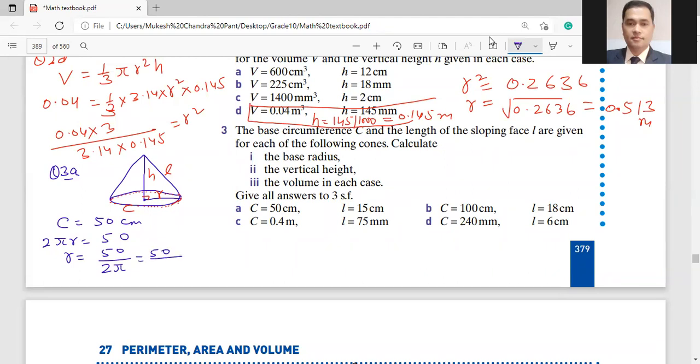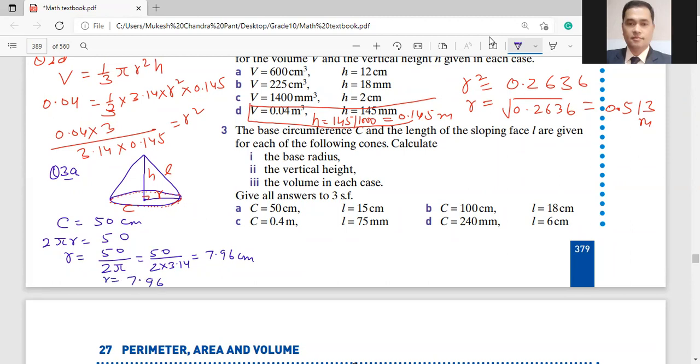You can write 50 over 2 times 3.14. No problem if you don't want to write 3.14, you can put 2 pi in your calculator and it will directly give you the answer. So 50 divided by 6.28 gives me 7.96. This is the radius.